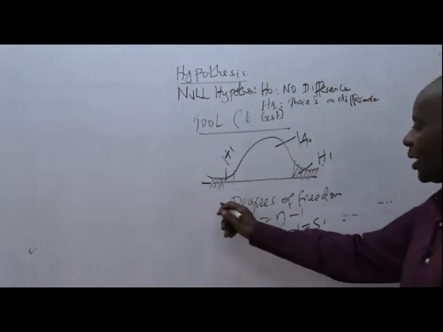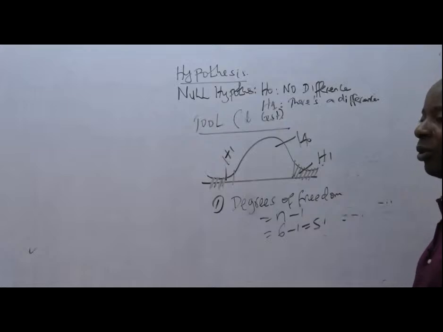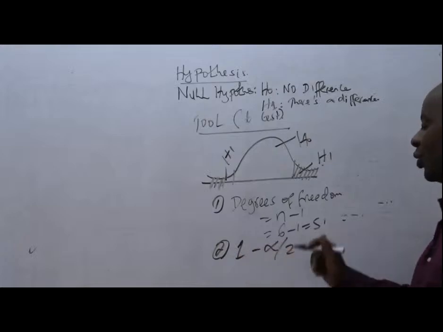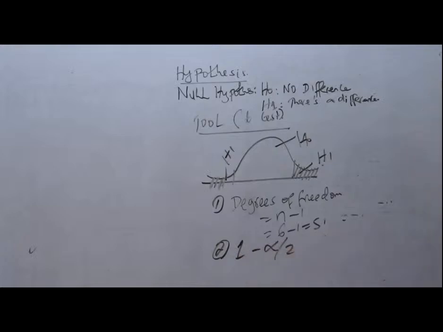This is one of the things required for us to be able to read the T critical. And then number 2, we have 1 minus alpha over 2. So this will be 1 minus 0.05 over 2. Which will end up giving us what figure?